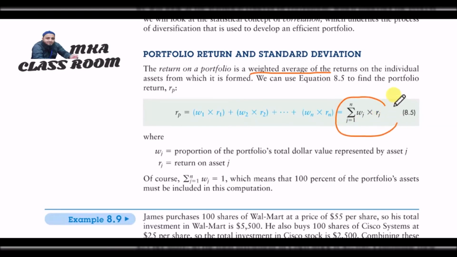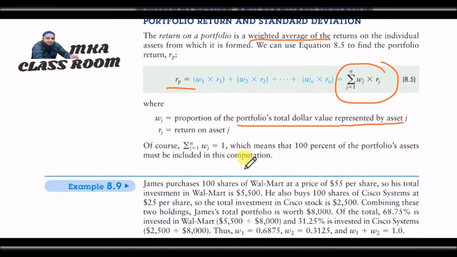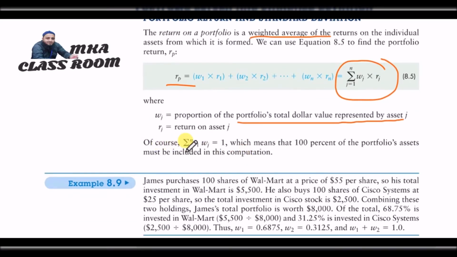Then the summation of this is the portfolio return, where Wj is the portion of the portfolio's total dollar value represented by asset j, and Rj is the return of asset j. Of course you have to remember that all weights together should be 1, which means 100% of the portfolio's assets.